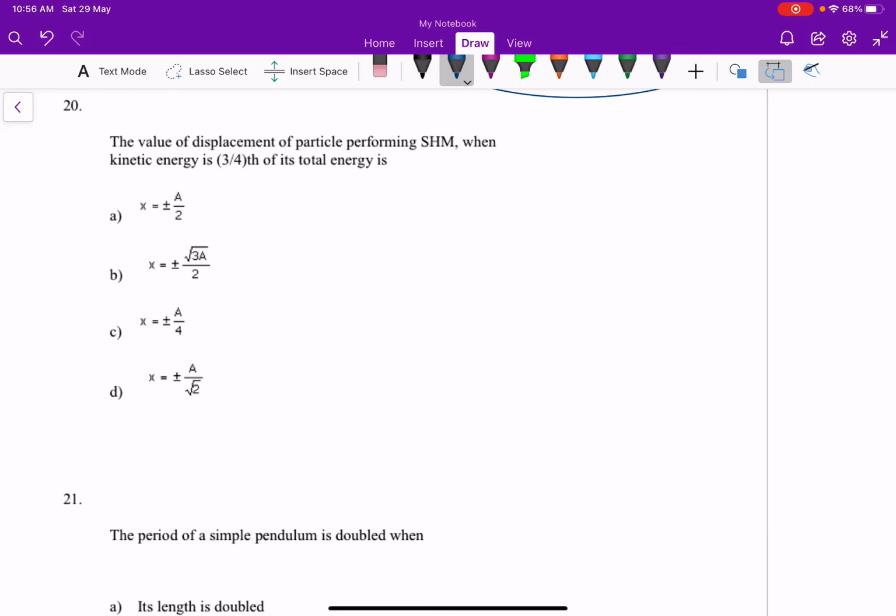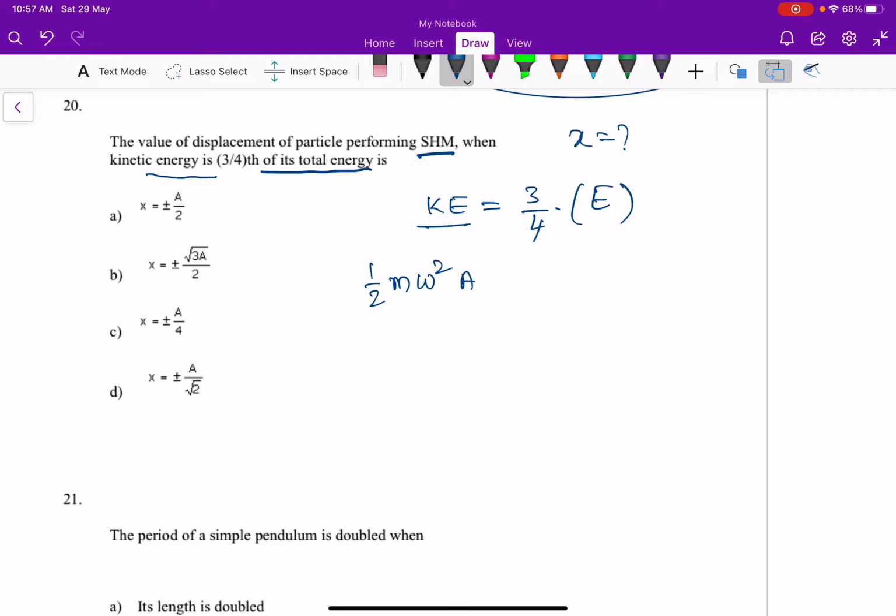Next, the displacement of a particle performing simple harmonic motion. We need to find the x value when kinetic energy is equal to 3/4 of its total energy E. The kinetic energy expression is half m omega square into a square minus x square, as we have seen just above.